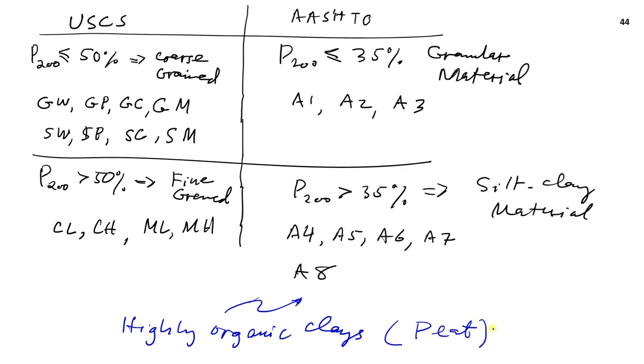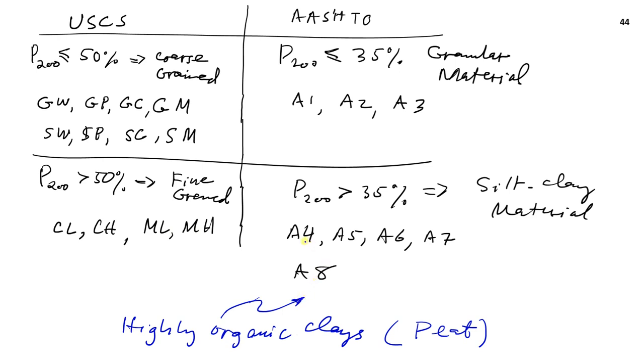They are black color materials, they have a very strong smell, and they are very soft. If a load is applied, they are going to compress. Mostly those kinds of materials are placed in group A8, and we never use these in our construction. If there is an area where peat is encountered, we have to replace that soil.